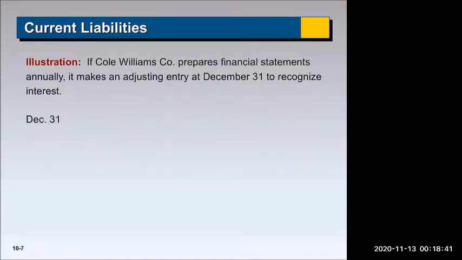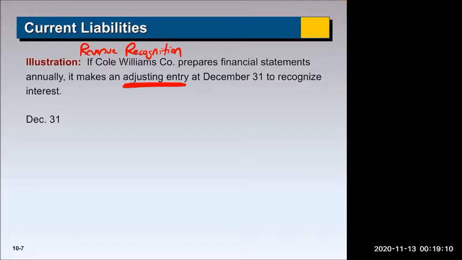Because of the revenue recognition principle, it says that I have to make an adjusting entry to record interest on my financial statement date. In this case, I'm not paying the note back, but now I owe some interest. I owe 4 months of interest.